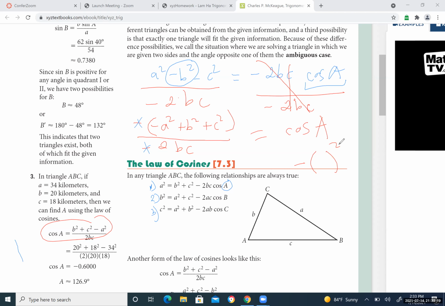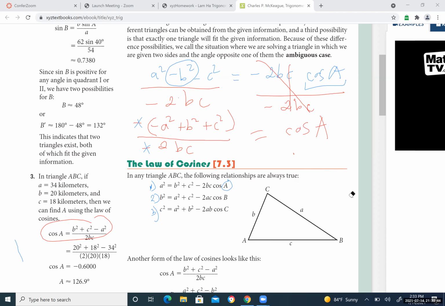You're not going to square the negative sign. Even with minus a squared, you're not going to square a negative sign. You only square the negative sign when they give you parentheses like this, then you square the negative b. So be careful.